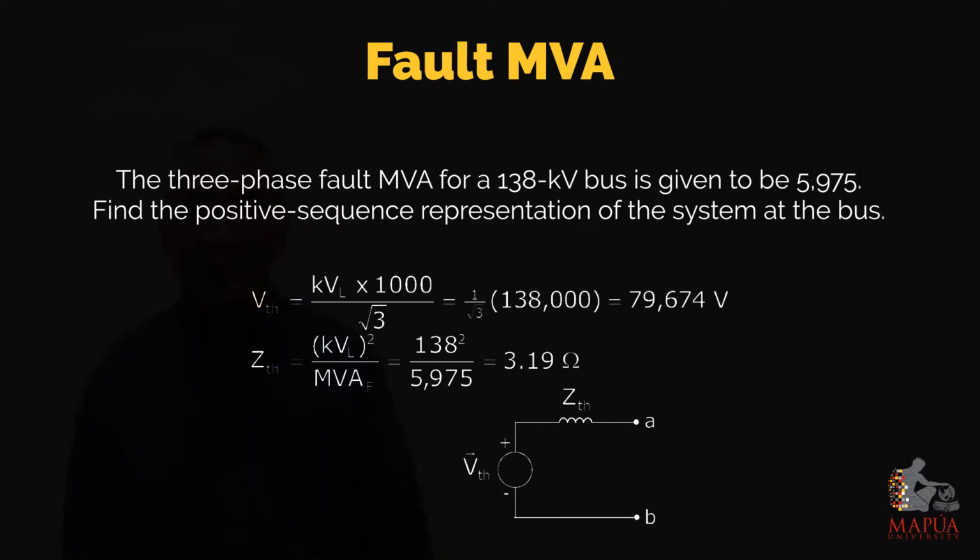By substitution, that gives us 79,674 volts. Solving for the Thevenin impedance, the square of the nominal line-to-line voltage divided by the fault MVA gives us 3.19 ohms. The diagram now shows a series connection of the Thevenin voltage in series with the Thevenin impedance.